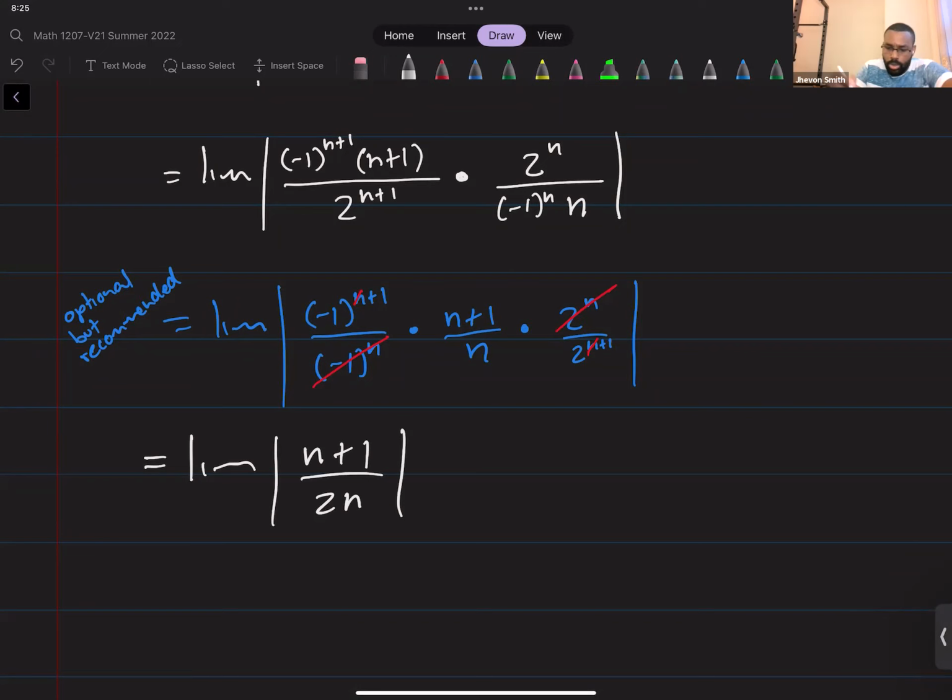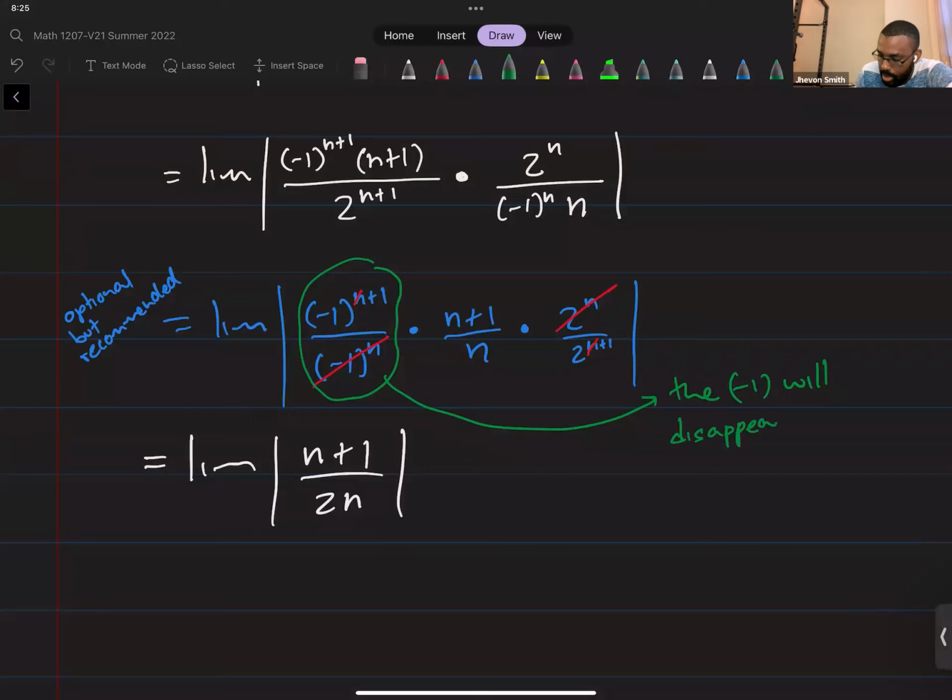And now you can realize here that the -1 will disappear because of the absolute values.